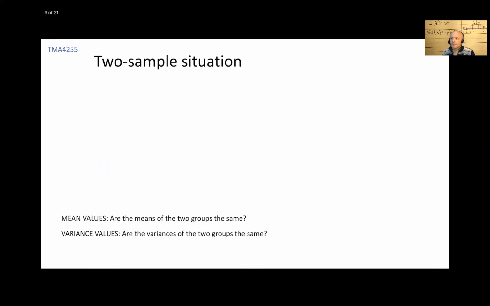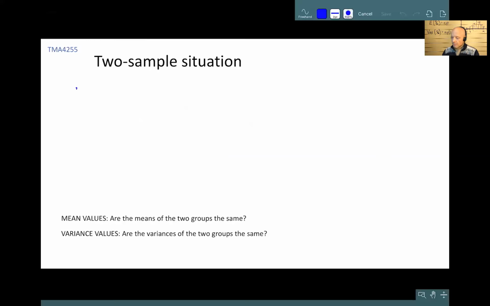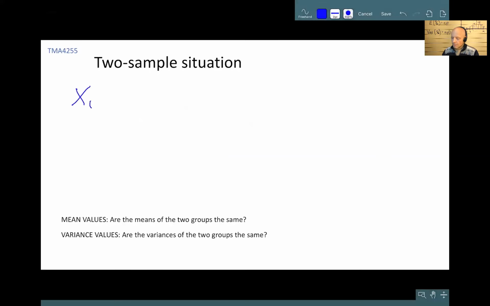So here's the situation. We have two samples, and we can denote these by x_{1,1} up to x_{1,n1}. That's the first sample. Maybe this is some measurements you do for women. And then you also do some measurements for a number of men, and we can denote this by x_{2,1}, x_{2,2}.